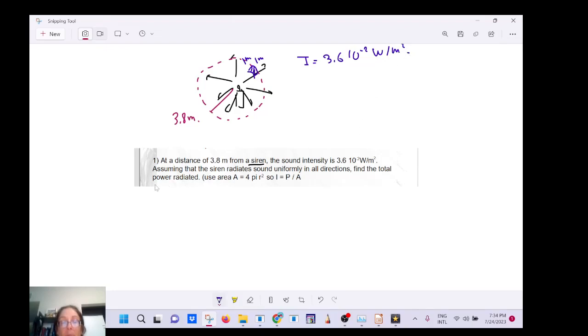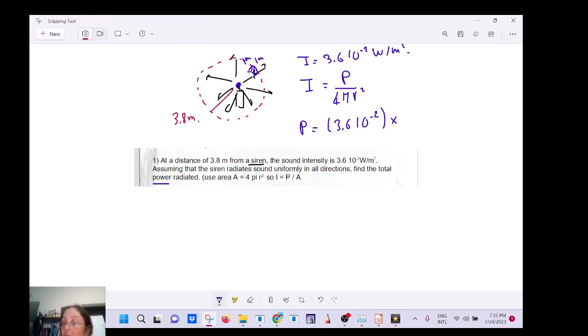So they want to find the power of the source here. So I'm just applying the equation. I is power over area. If it's in all directions, the area is the area of a sphere, so 4 pi r squared. So the power will be 3.6 times 10 to the negative 2 watt per meter square, the amount of energy flowing through here, times the area.